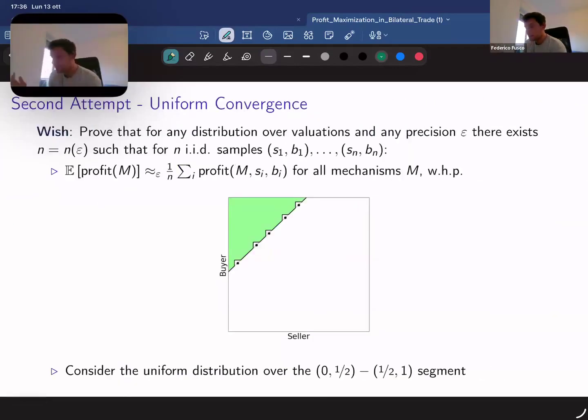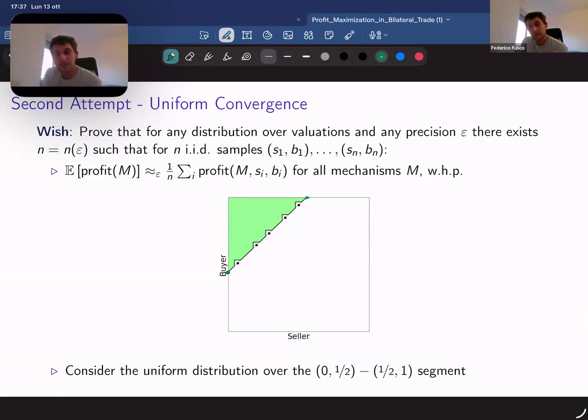Namely, just consider the uniform distribution between this point here and this point here, so (0, 1/2) and (1/2, 1). And consider the segment that joins these two points, with the uniform distribution along it. Now, it does not matter how many points you give me on this segment. I can always find a mechanism that avoids these points while being super close to the diagonal, to this segment, so as to contain nearly every part of it.